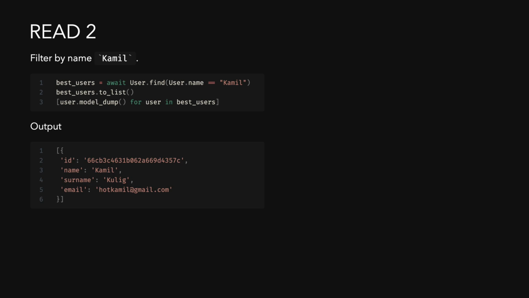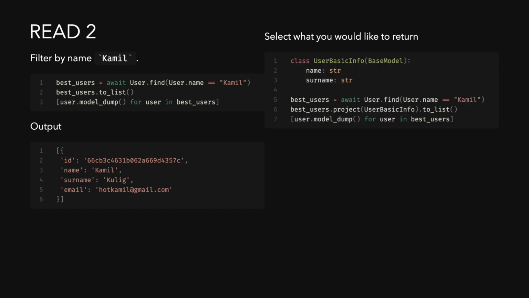I hope that after this presentation, everybody will know my name and my surname. If you want to select something, for example select name and select surname from users, you will use something called project. You create a class in pydantic, use it in project, and you will get what you want, like my name and my surname.